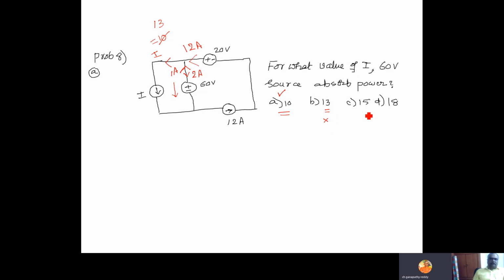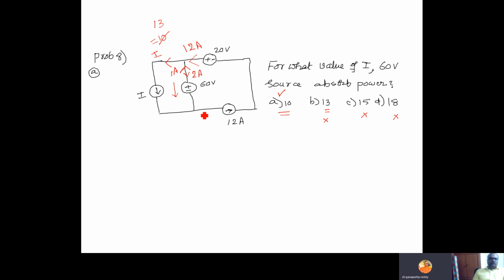You try with 15, and again you will not get it. Then 18. For all these three cases, current will flow from negative to positive. Only in this case will current flow from positive to negative, and only then can this source absorb. So for I of 10 amperes, only then will this absorb.